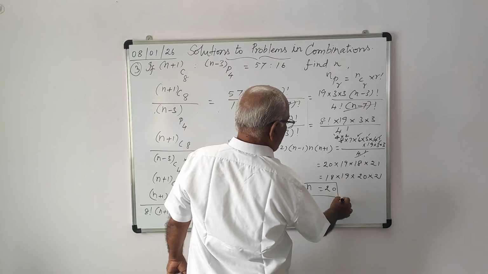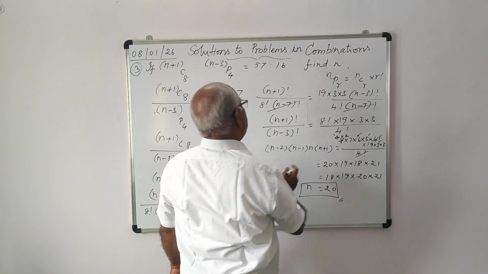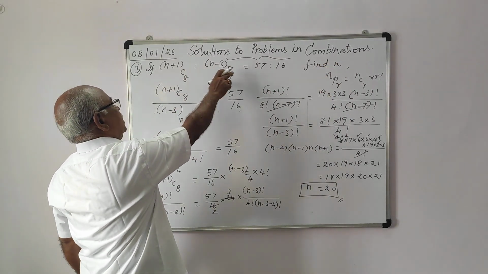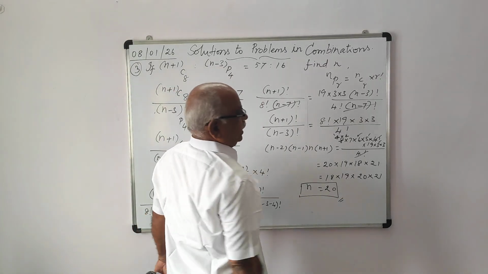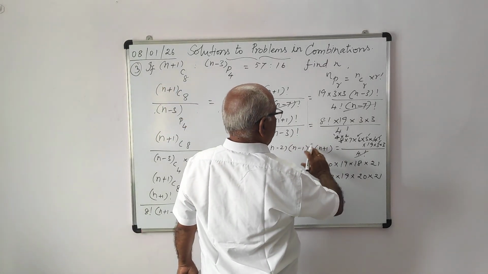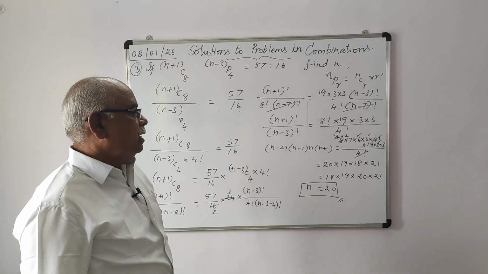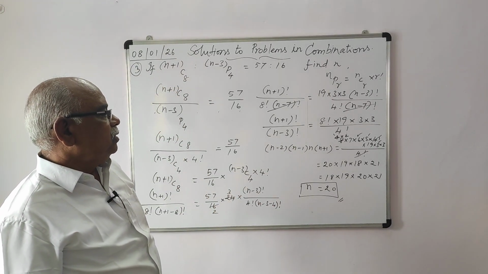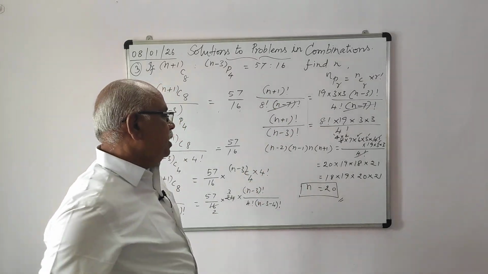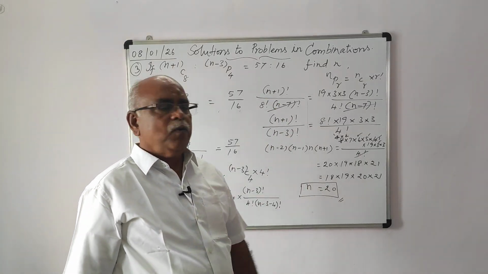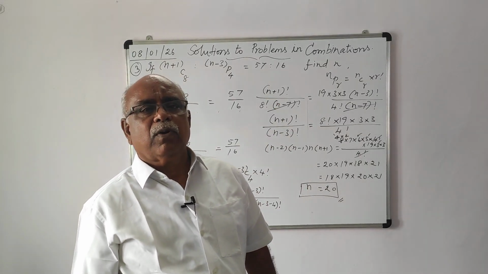So our required n value is 20. After solving this expression, I get n equal to 20. Like that you have to compare both left and right hand sides and you will get the answer. So this is one different problem. You just understand it, and thereby I conclude my video and we will continue the remaining problems in our next video.